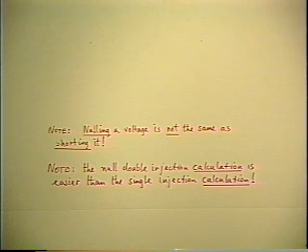Another thing that you can note is even from this very first example, the null double injection calculation was actually easier than the single injection one. The answer was only R instead of a more complicated combination. Now that's not an accident.